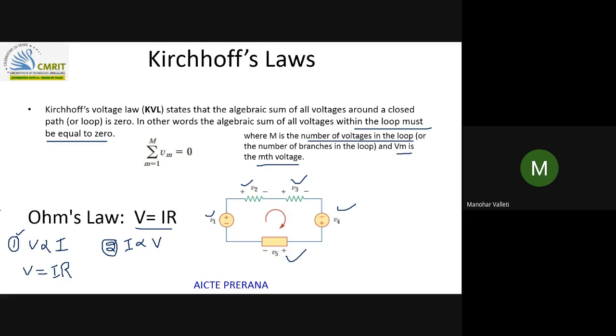No, even in a circuit where voltage is there, current is also possible. Both Ohm's law forms hold good. If you want to remove the proportionality constant in the second form, you will get I equal to GV, where G is the conductance of the material, G equal to 1 by R.